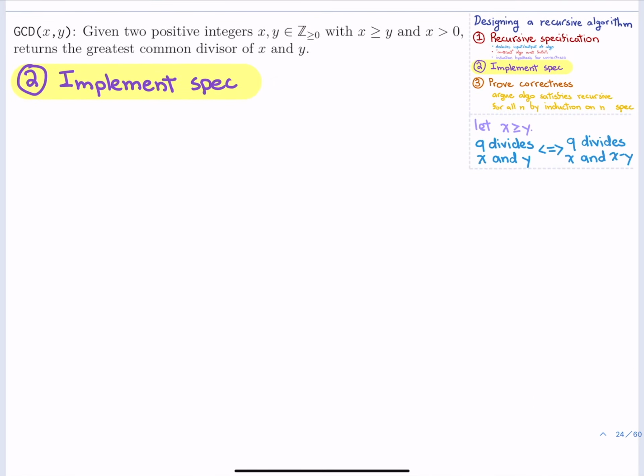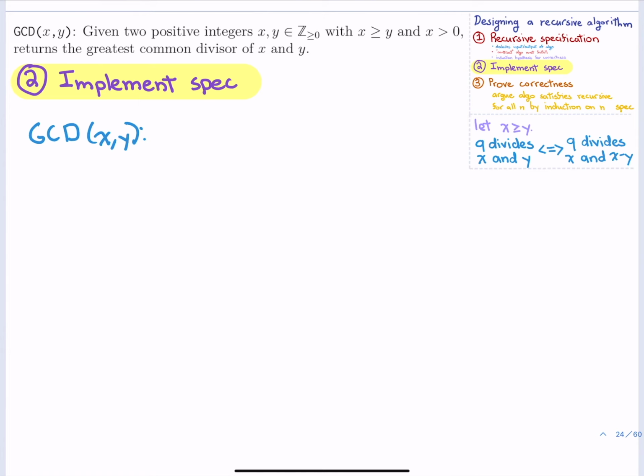All right, so GCD(x, y). Anyone want to throw out a first line? You can assume x is greater than or equal to y, because that's kind of prescribed in the sentence.